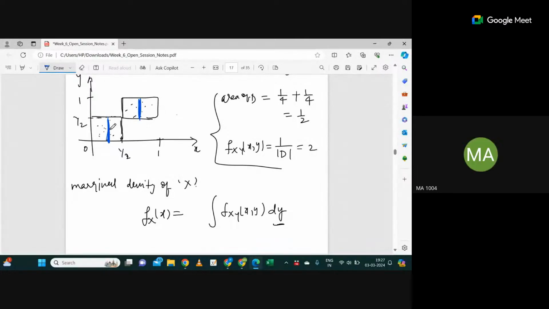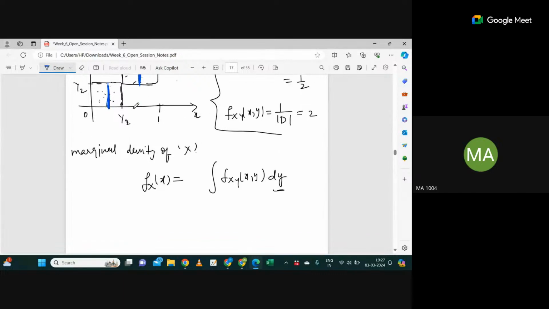Correct. So in the very first part, x is 0 to half for the first square.